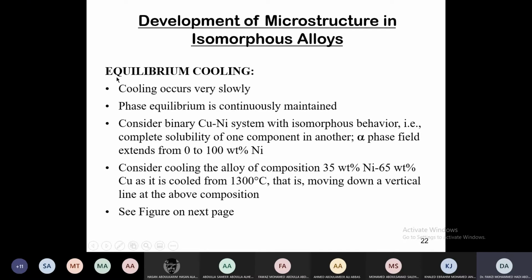So for equilibrium cooling, what is the equilibrium cooling? We said last time. What do I mean by equilibrium cooling when I say equilibrium cooling? I need answers. Last time I explained: slowly.